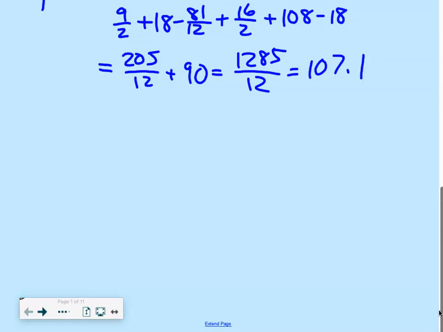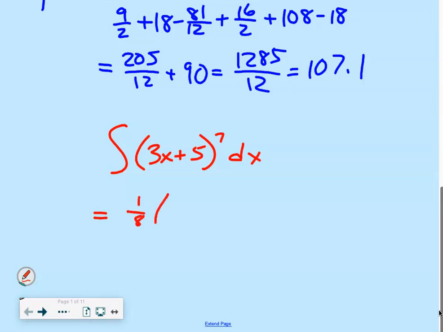Afterwards I'm like, oh my gosh, guys, don't you remember that if you have the integral of (3x plus 5) to the 7th, it's just 1/8 times (3x plus 5) to the 8th divided by 3? It's just a shortcut u-sub.